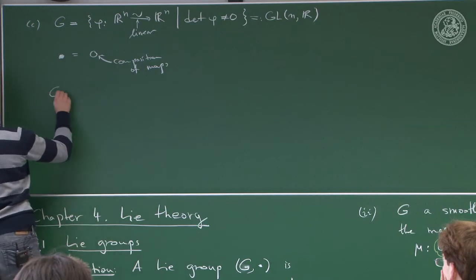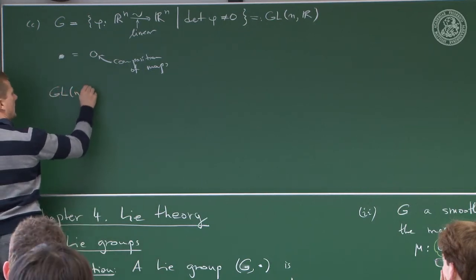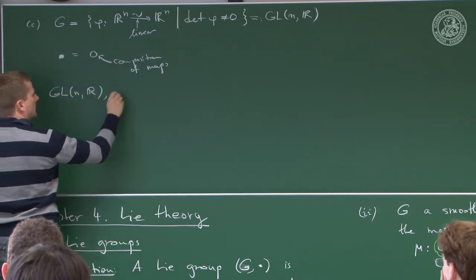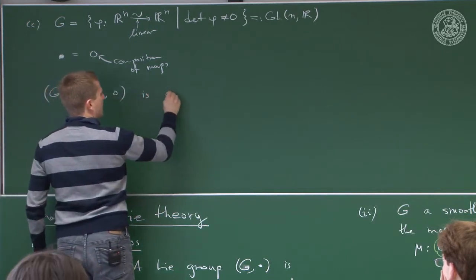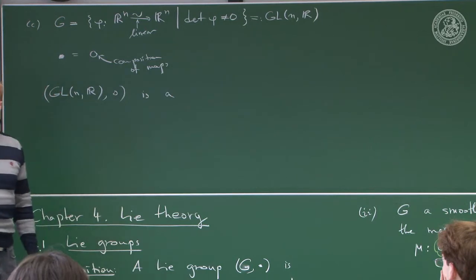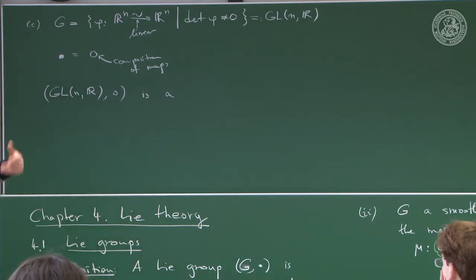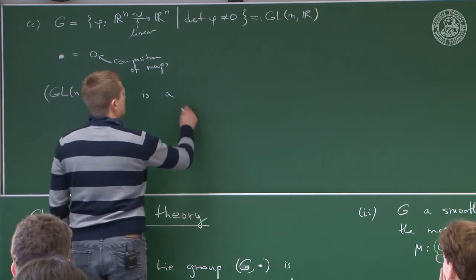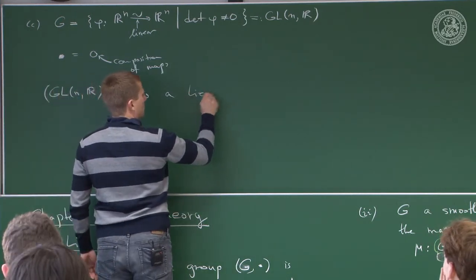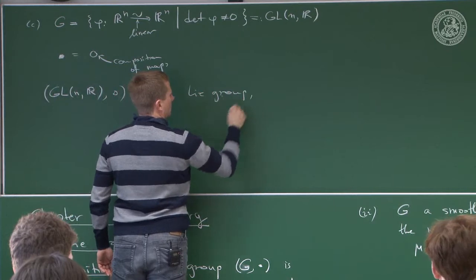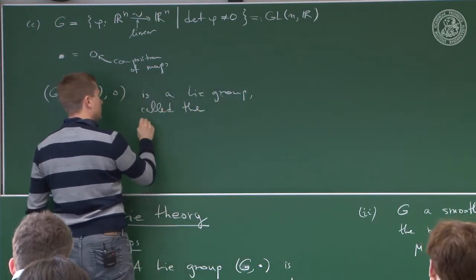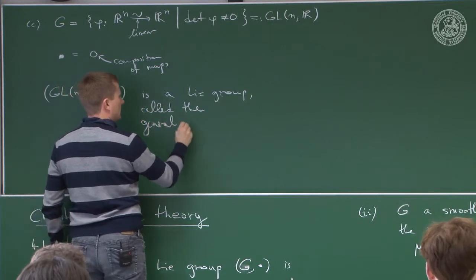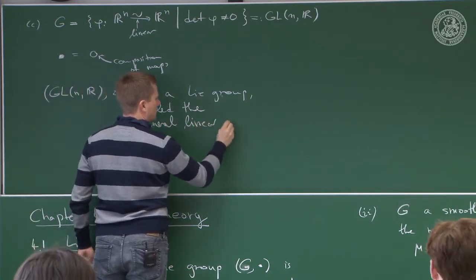So we have GLn(R) equipped with the composition is, now that's no longer a commutative Lie group, because phi after psi is not generically the same as psi after phi, a Lie group called the general linear group.